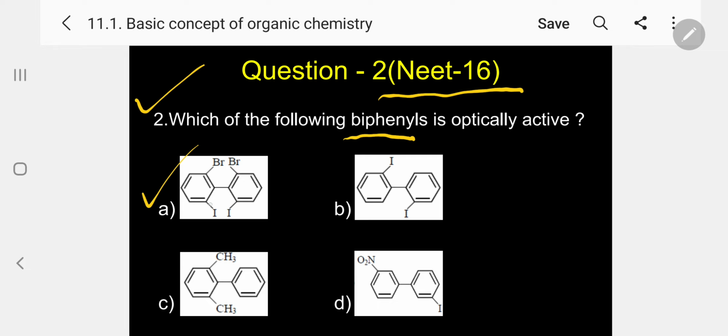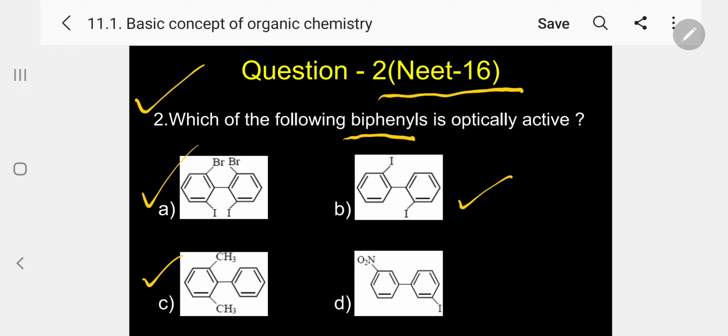In the first one, if you take each benzene ring, one ortho position has iodine and another ortho has Br. The second phenyl group has one ortho bromine and another ortho iodine. In B, only one position in each ring has iodine.